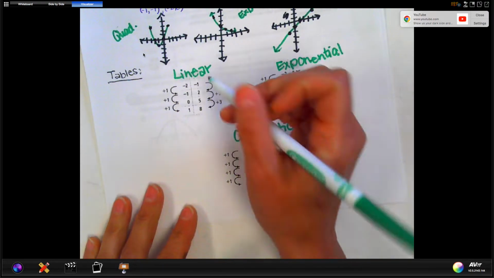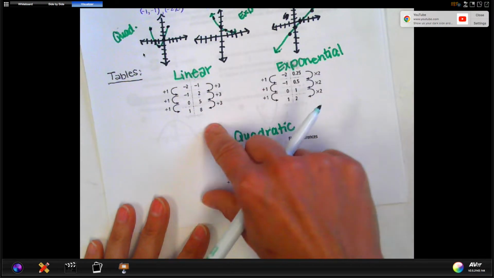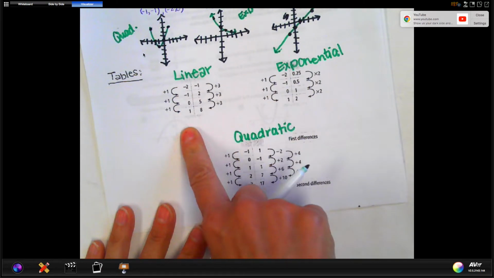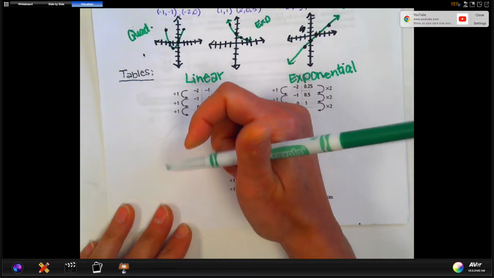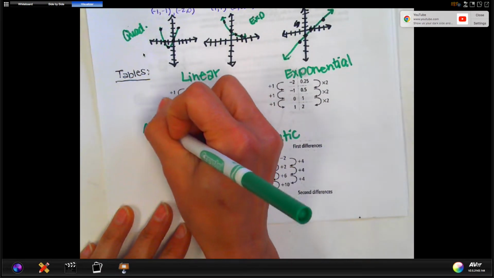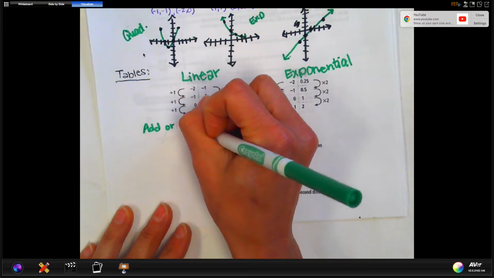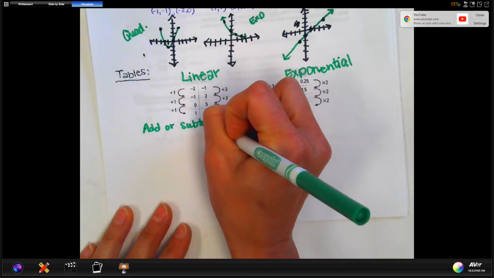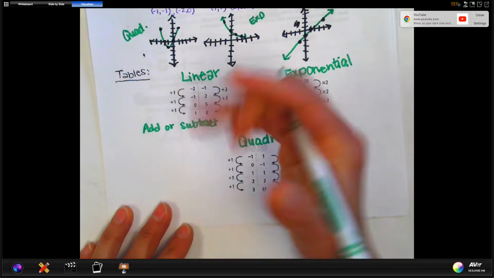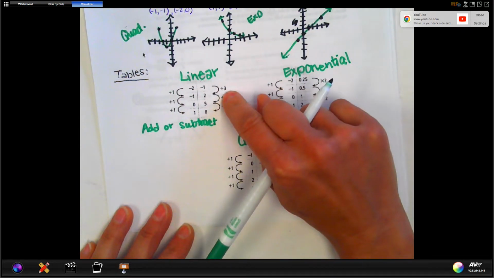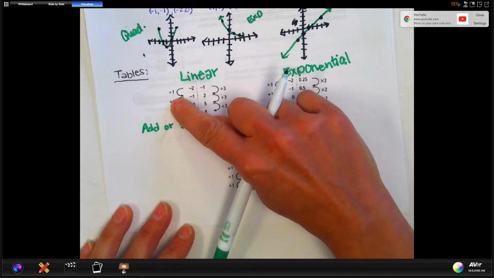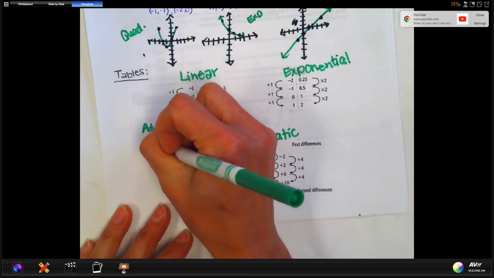So linear, you're going to have a common difference. You're going to either add or subtract by the same amount each time. And that's your slope. Your change here divided by your change here is your slope, by the same amount each time.